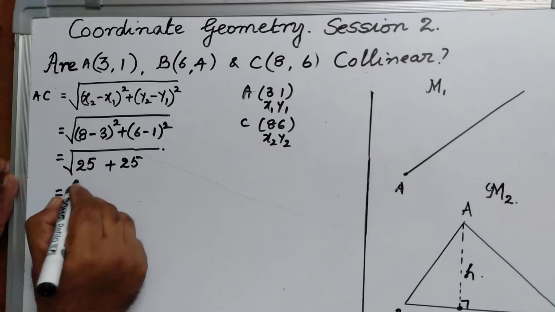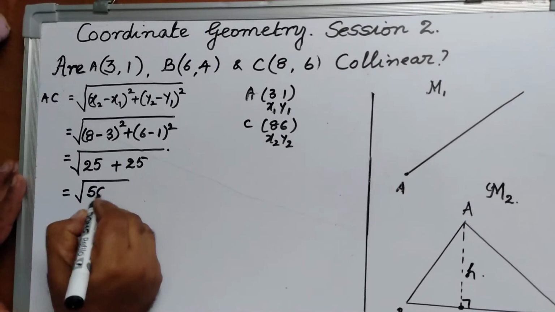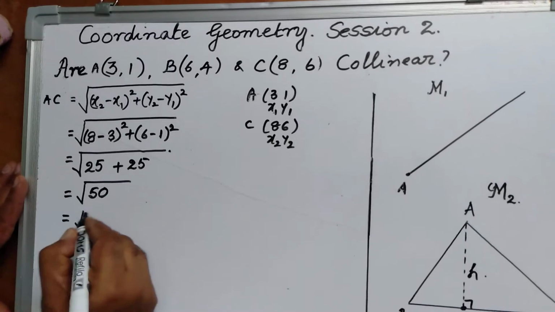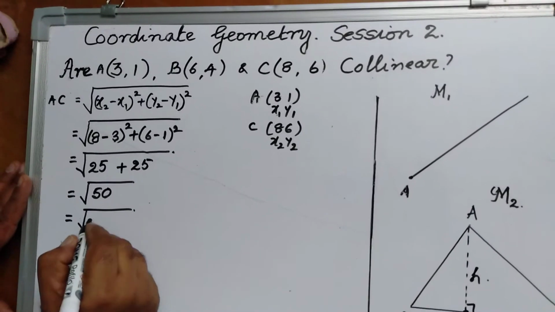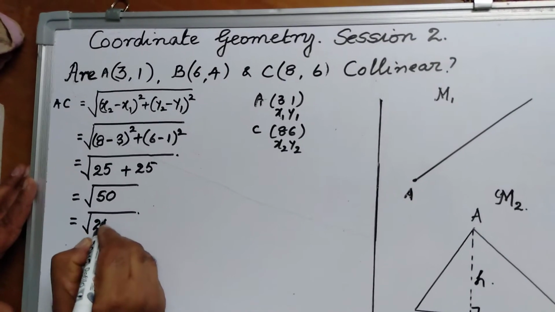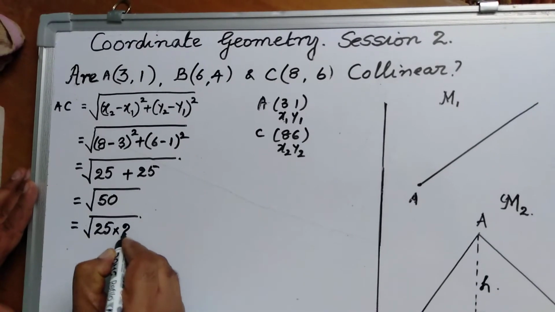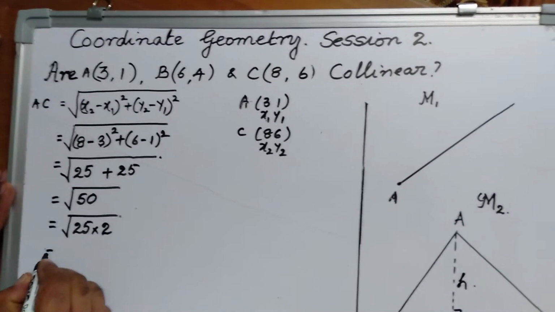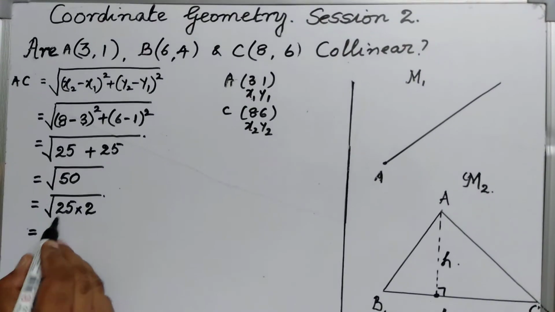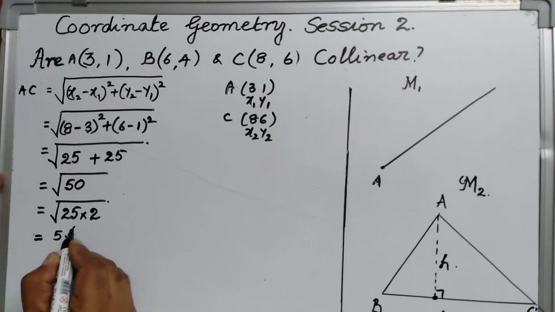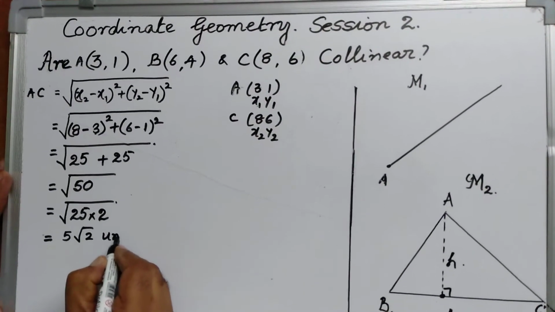That is equal to root of 25 plus 25, which is 50. 50 can be split as 25 into 2, and I will get square root of 25 is 5, so 5 root 2 units.